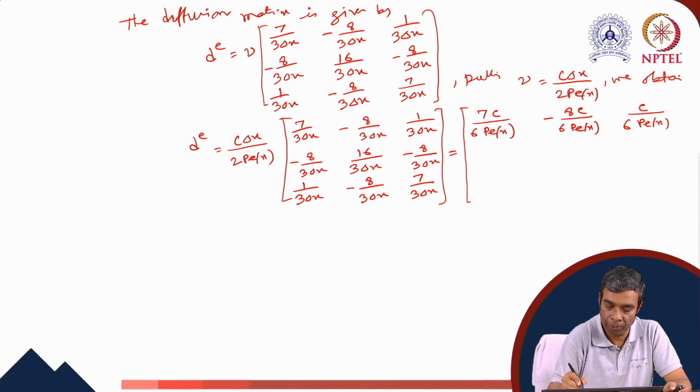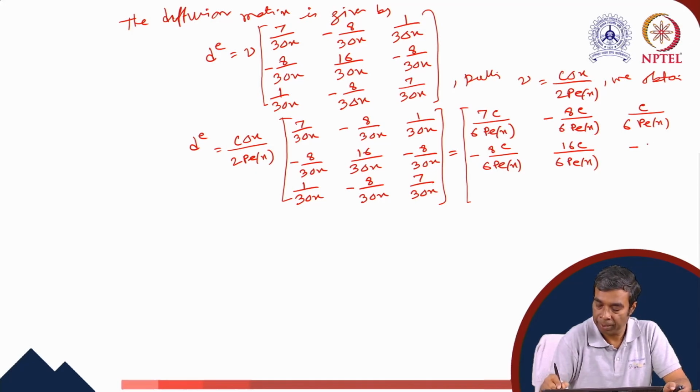In the second row, we get minus 8C by 6 PEX, the D22E term is 16C by 6 PEX, and the next term is minus 8C by 6 PEX.